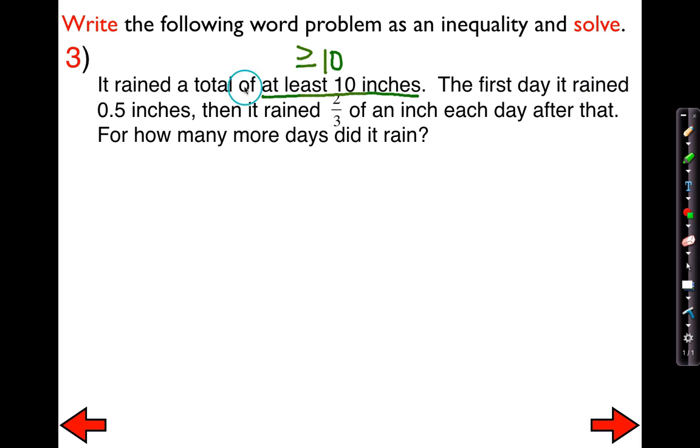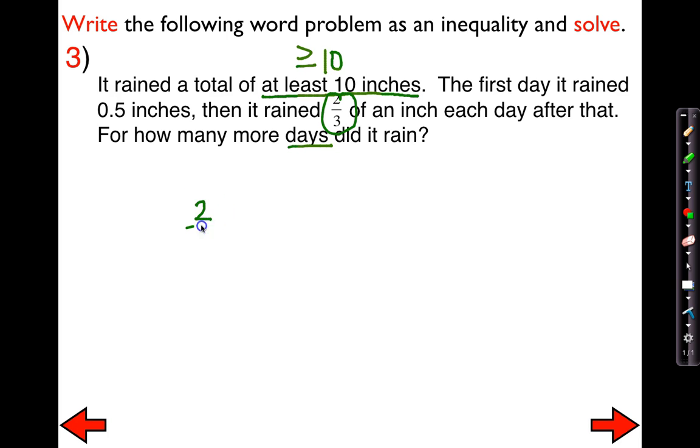Now, on the first day, it rained 5/10 of an inch. Then it rained 2/3 of an inch each day after that. So here, I'm going to ask myself, what was the rate of change? What was changing every single, in this case, day? I'm going to say the amount of rain that it rained each day. Since it was 2/3, I'm going to call that my coefficient, my rate of change.